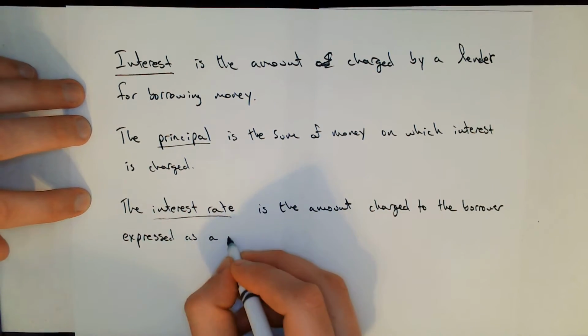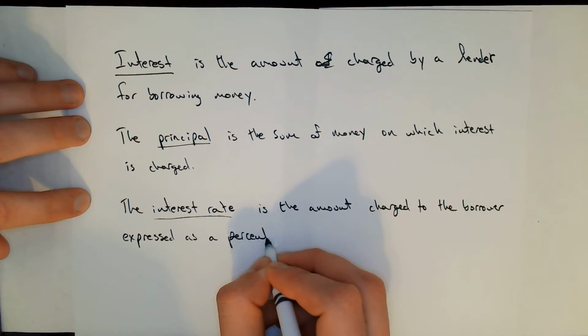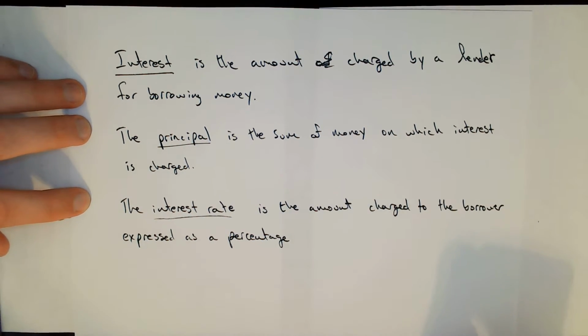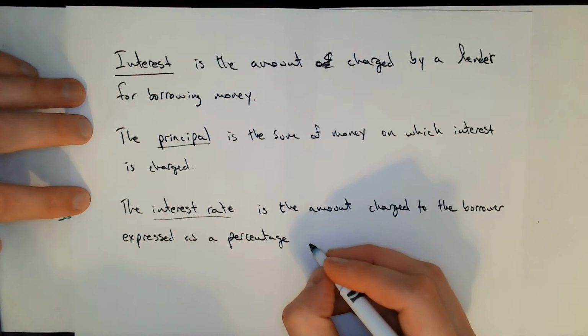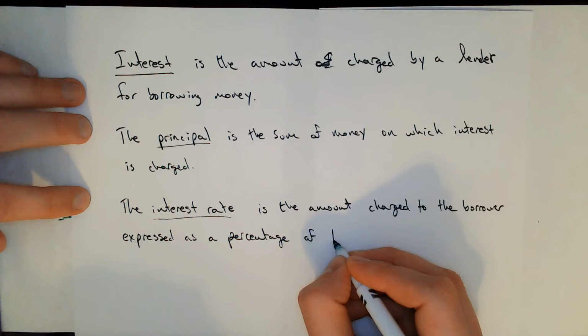As a percentage. A percentage of what, right? Because anytime there's a percentage going on, you've got to know what it's a percentage of. Where is this percentage coming from? What is it relative to? And it's a percentage of the principal.